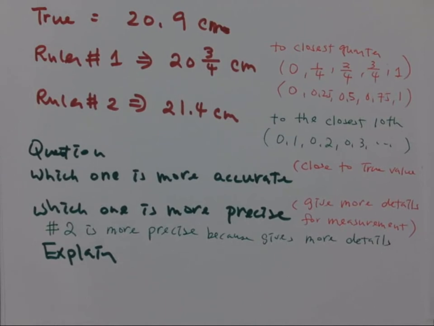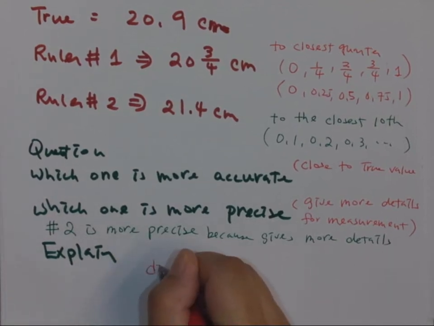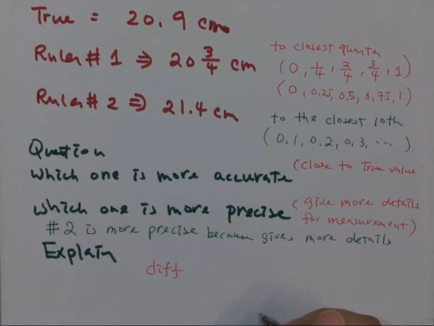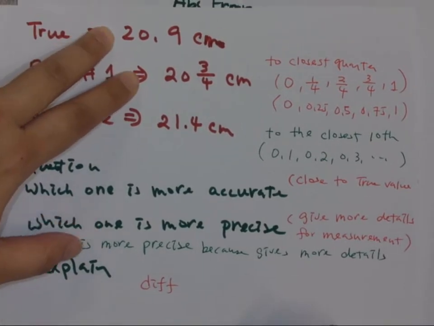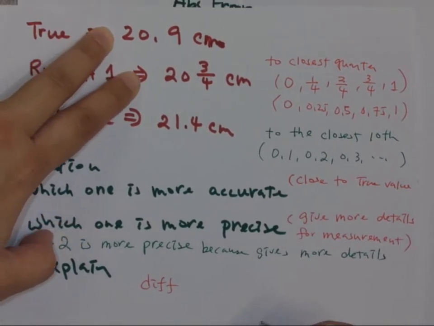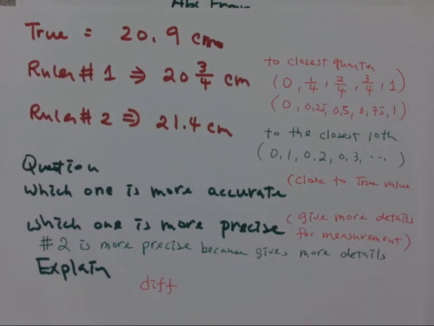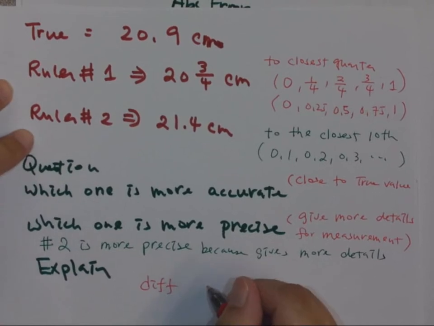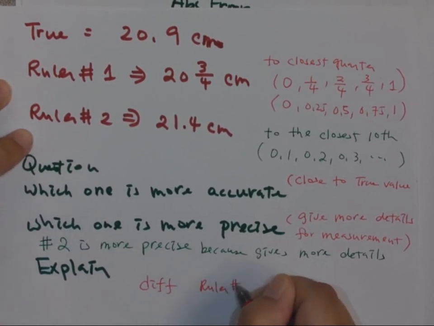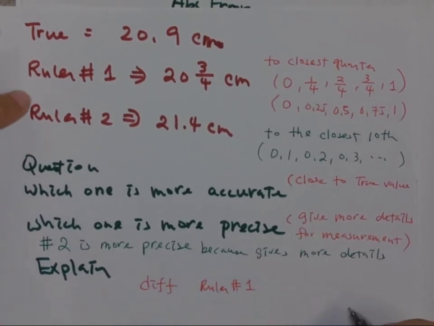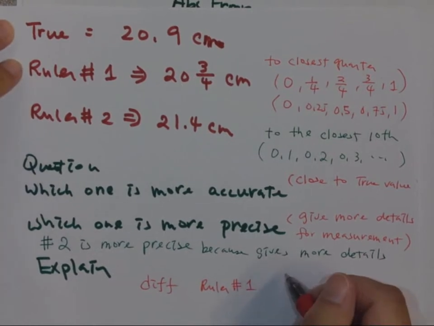Which one is more accurate? That one you probably need to calculate a little bit. The true value is bigger, so what should I use to subtract? For ruler number 1, the true value subtract ruler number 1.